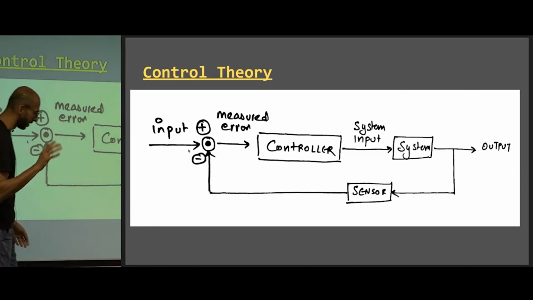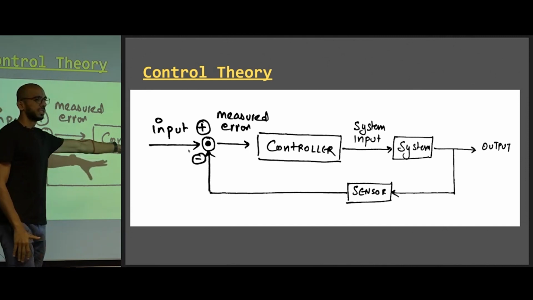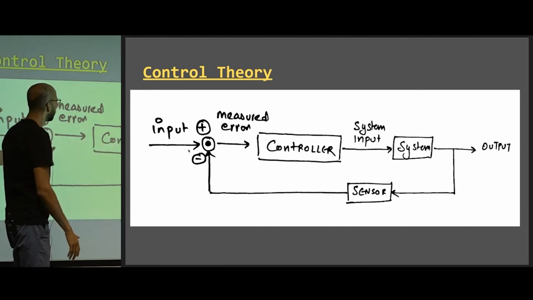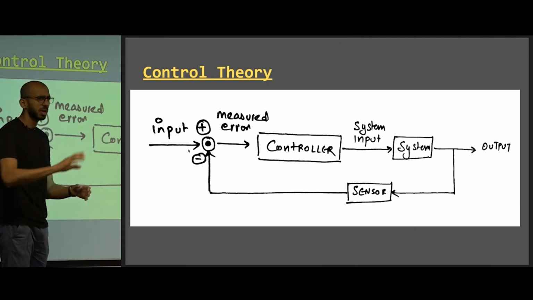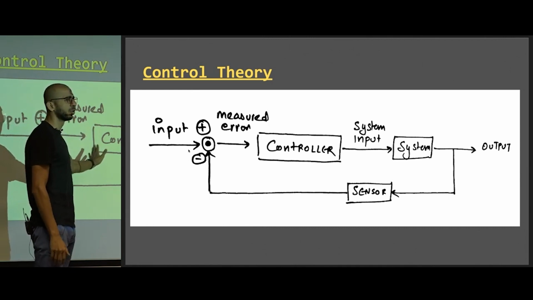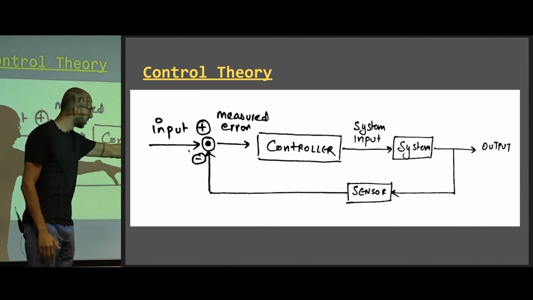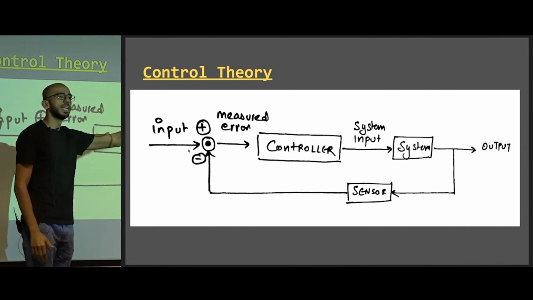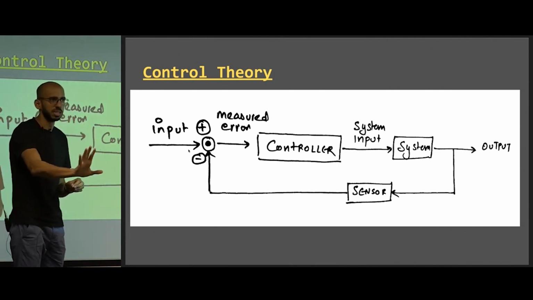Cool. So the basic premise of control theory is you give an input to a system, and most of this looks like, oh, this is electronics, this is nonsense, this is not for us. It is. Just wait for a few minutes. There's an input. Input goes to a controller. Controller is going to pass this input to a system, which is going to yield an output. A lot of you will not associate with this, right?